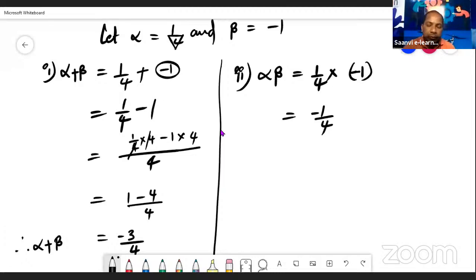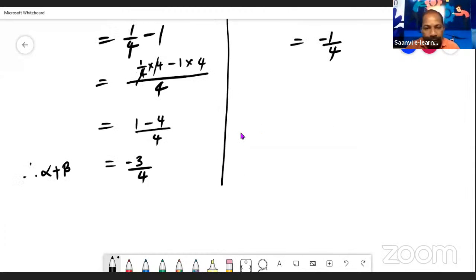Okay. Now we know alpha plus beta, it means the sum of the zeros, and also we know the product of the zeros. Now let us find the quadratic polynomial.